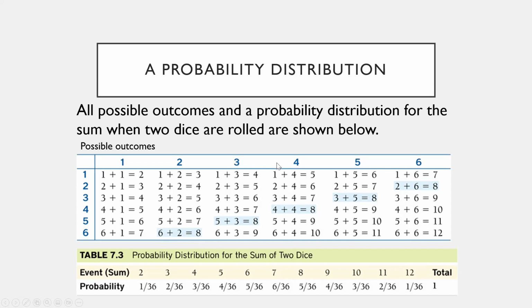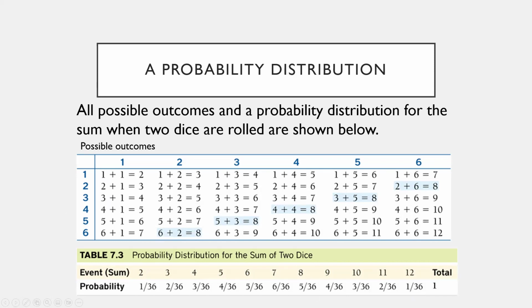The question that could be asked might be, what's the probability of getting a value of 8 or greater? In which case we have 8 highlighted, and I could add all these up because I've made this table. I can go down here and say, well, that's 5 out of 36 and 4 out of 36 and 3 out of 36 and 2 out of 36 and 1 out of 36.